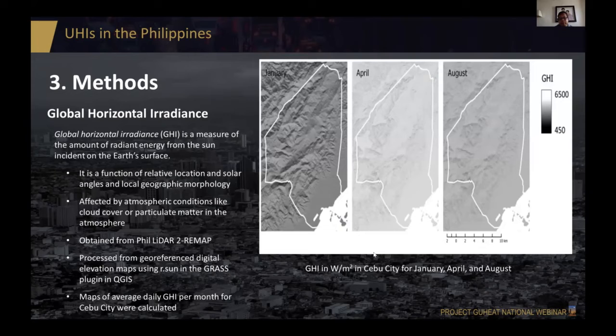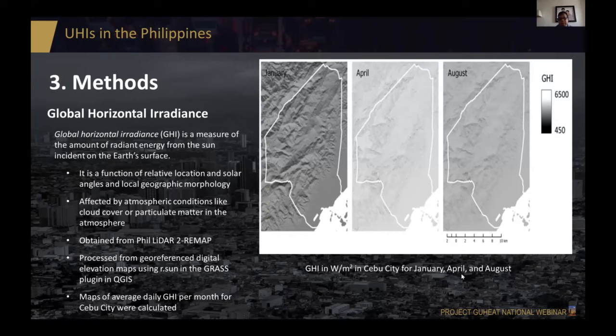On the right, you can see the map for the GHI, which is expressed in watts per square meter, for January, April, and August. In the PAGASA classification of seasons, February and March are considered the cool, dry season.